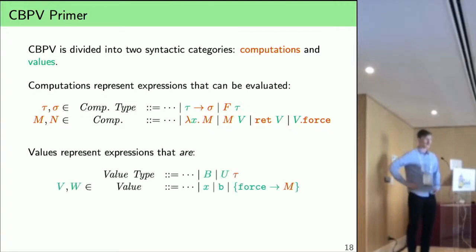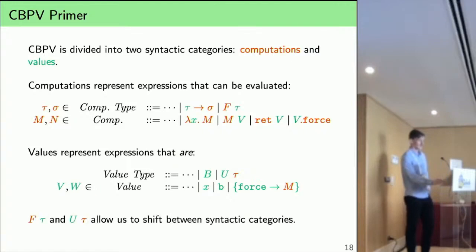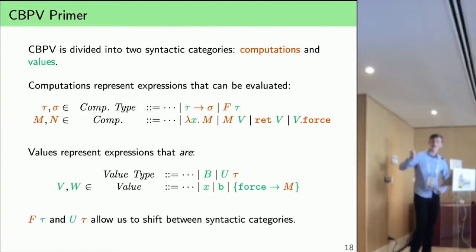And values are things that can't reduce. They already are. This includes variables, values of base types, and thunks. And to go between values and computations, we have F and U, which are shifts between the syntactic categories.